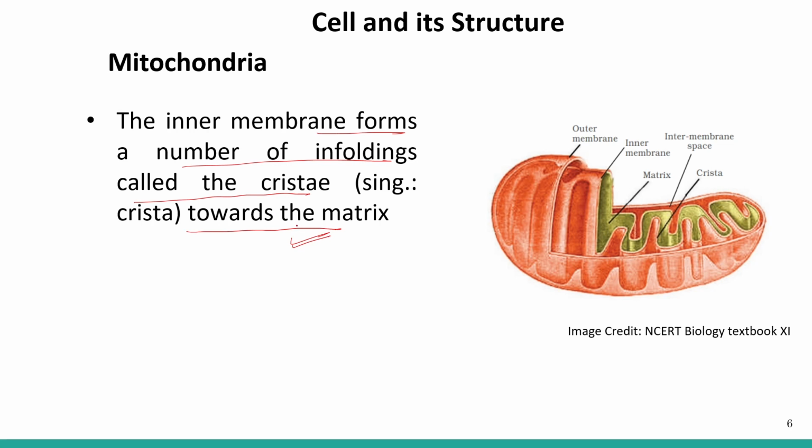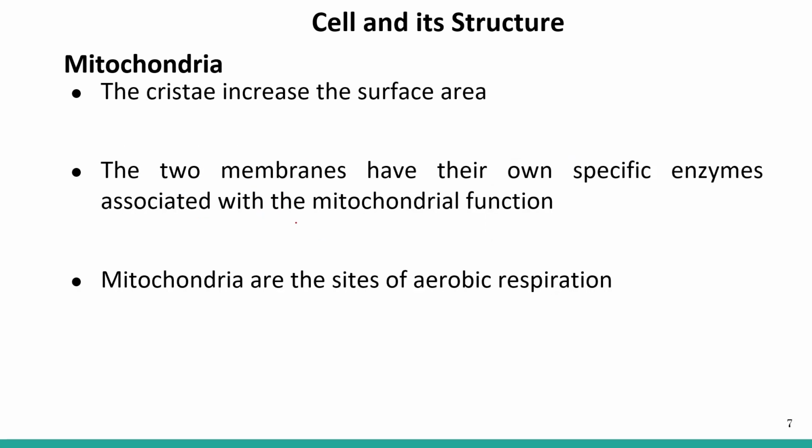The cristae increase the surface area. If there is a folding or invagination of the membrane like this, then this increases the surface area. So cristae increase the surface area.